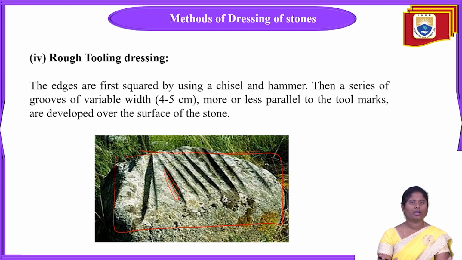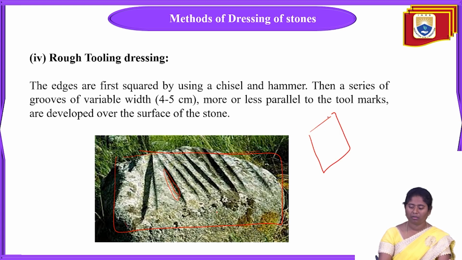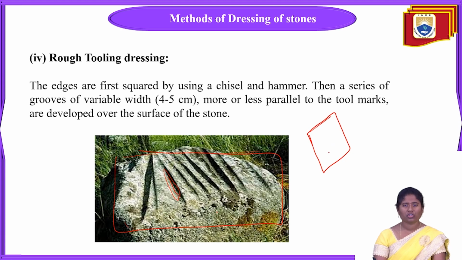It is not regular or rectangular. If we take this stone, it is to be first squared by using the chisel and also hammer. These edges are first squared using the chisel and hammer.